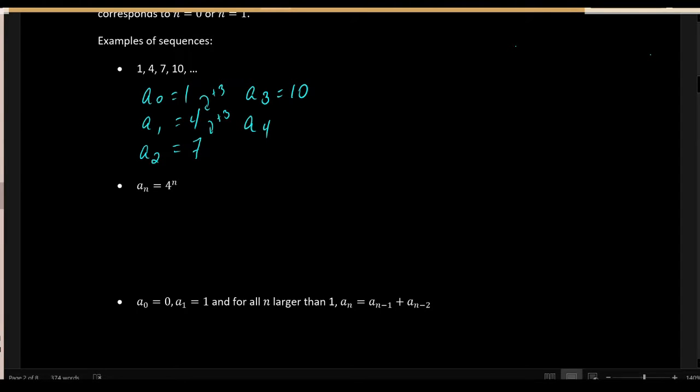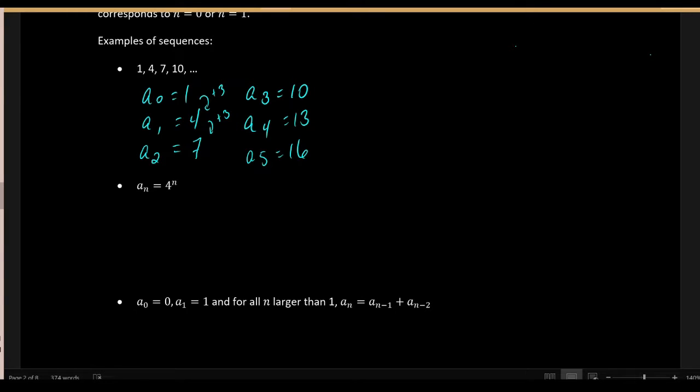So based on the pattern that's being presented here, I could extrapolate from that A sub 4 would be 13, A sub 5 would then be 16, and so on and so forth. Based on this pattern, I could continue to calculate terms until I reached whatever point I was interested in reaching.